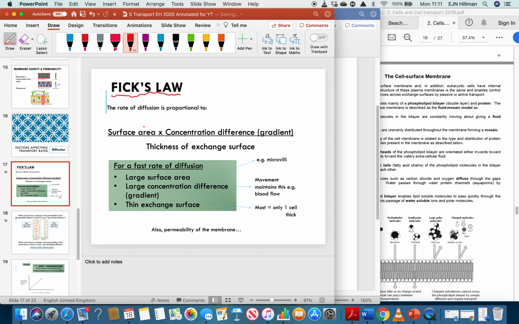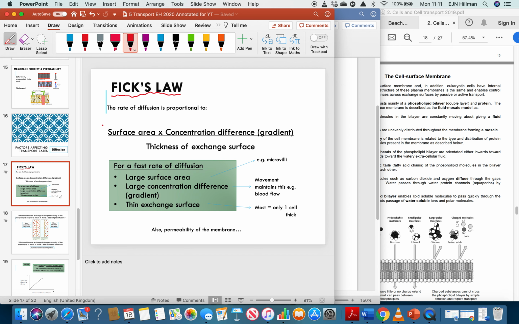So it states that diffusion is proportional to these three factors. So surface area multiplied by the concentration difference, or the gradient, divided by the thickness of the exchange surface, or the distance of diffusion, or the diffusion pathway, something like that.